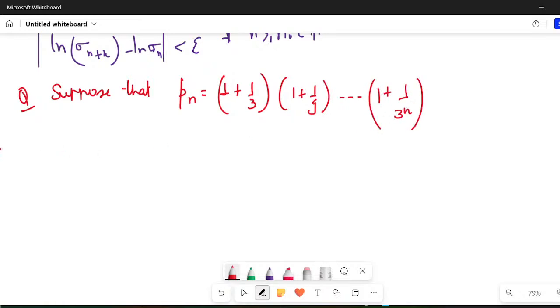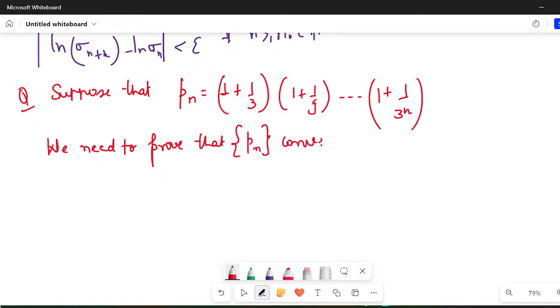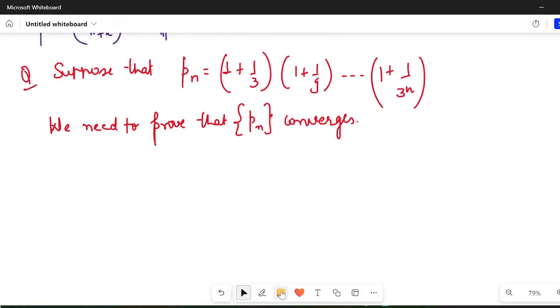Then we need to prove that the sequence Pn converges.